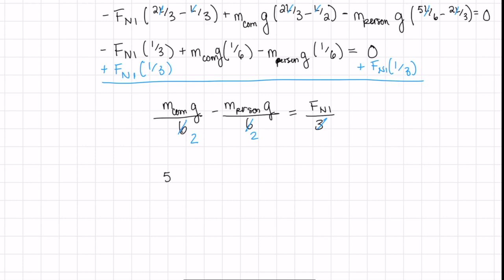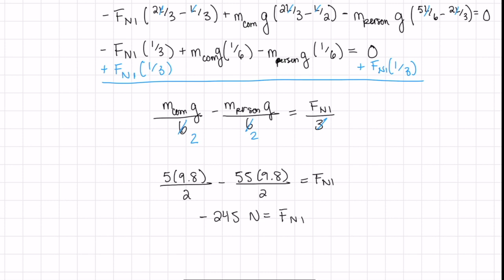So we're going to have 5, 9.8 over 2 minus 55, 9.8 over 2. And that gives me negative 245 newtons. Okay, so conceptual check. We can't have a negative normal force from a leg of a bench that's sitting underneath the table.